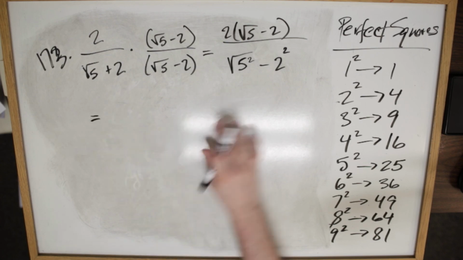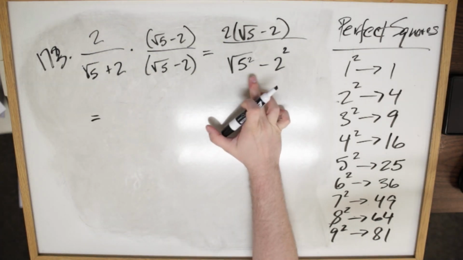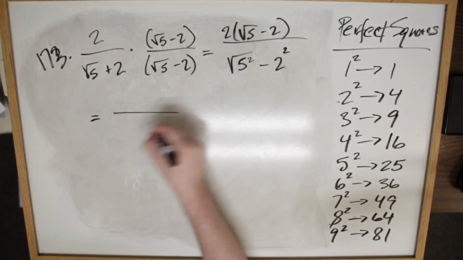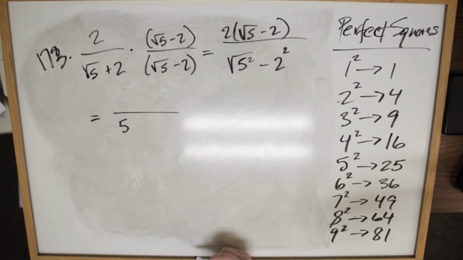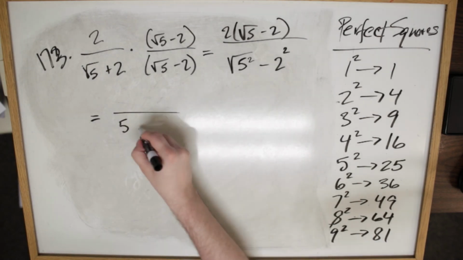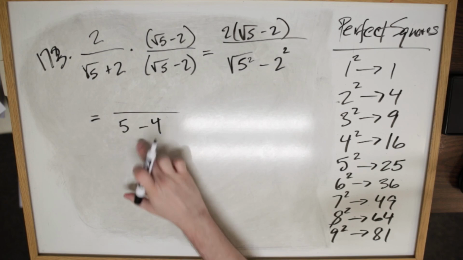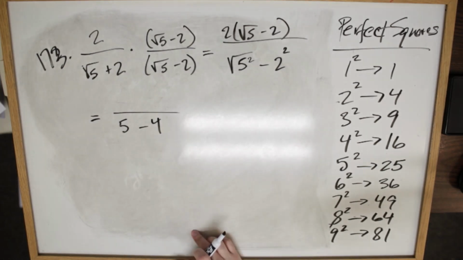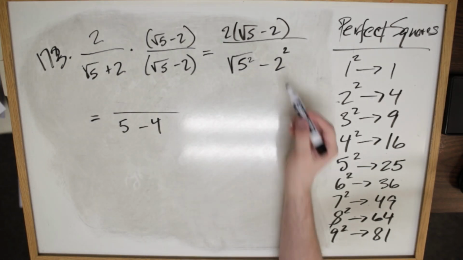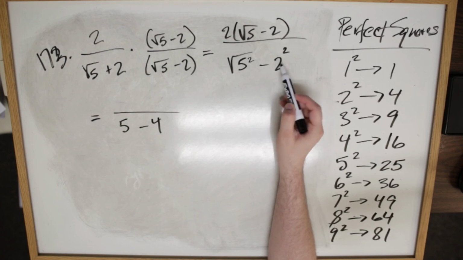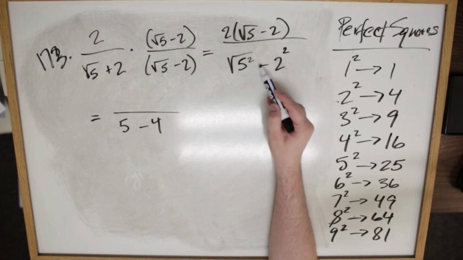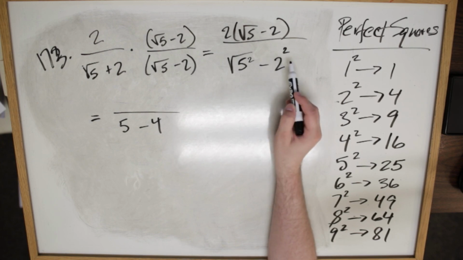So when we work this out, square root of 5 squared is literally just going to be 5. This is going to be 4, so we're subtracting 4. Now don't say to me, hey, wait, isn't it positive? Because if you do a minus, remember the minus sign is outside of the brackets. If it were inside brackets, it would be positive, but it's not.